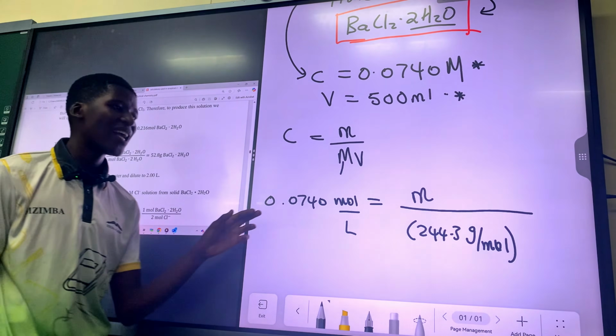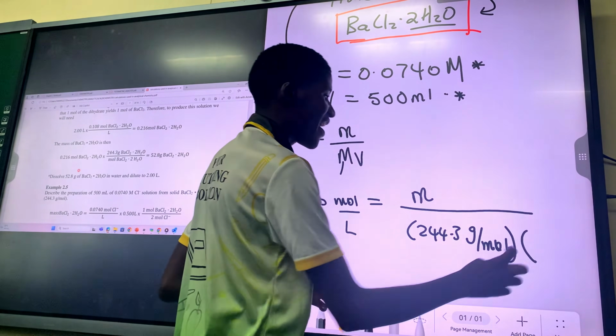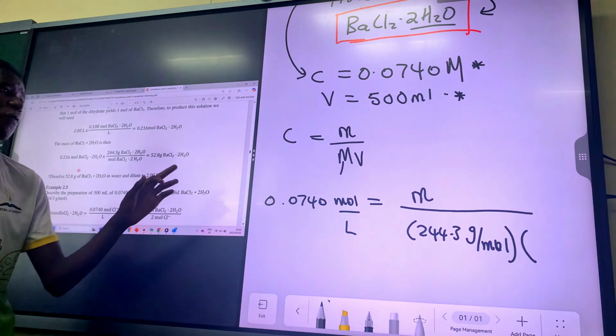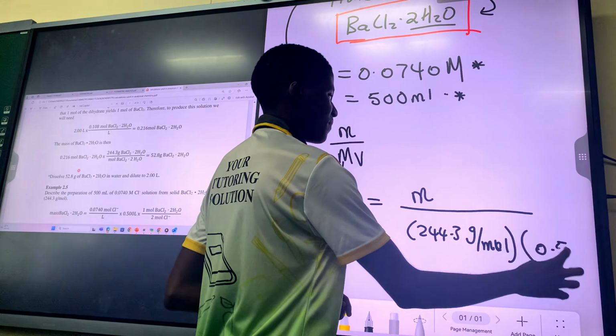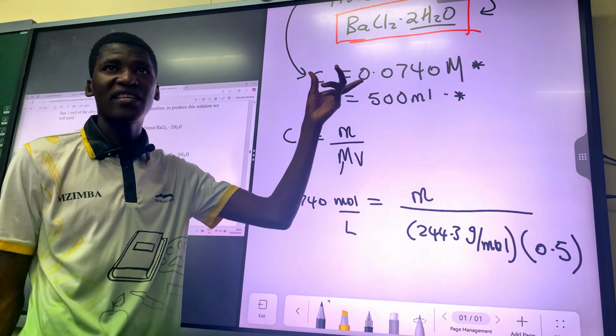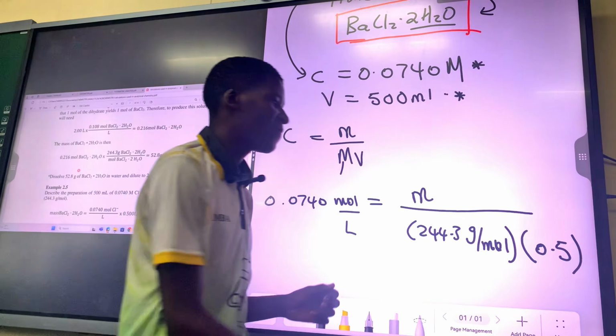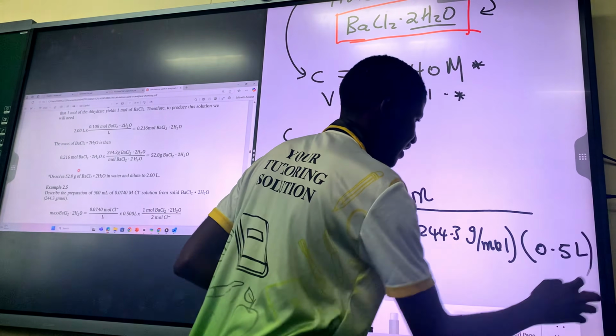In this case, it's convenient to use liters. 500 mL in liters is 0.5 liters. If I'm not mistaken, you're just going to divide this by 1000. So the unit is 0.5 liters.